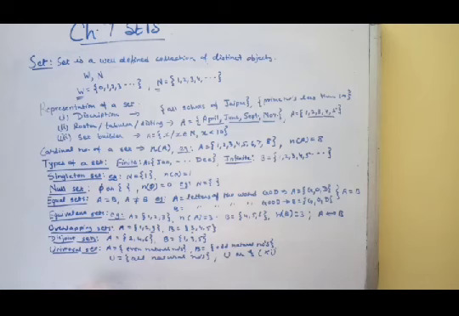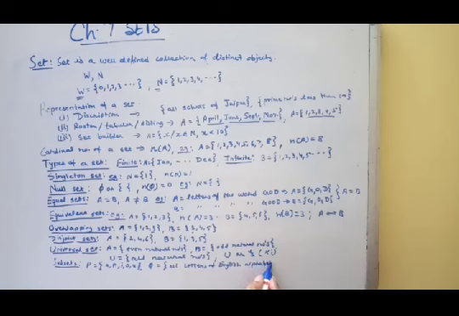Now next is subsets. If a set P has elements A, E, I, O, U and set Q has all letters of the English alphabet, or we can write here the set of English alphabets.